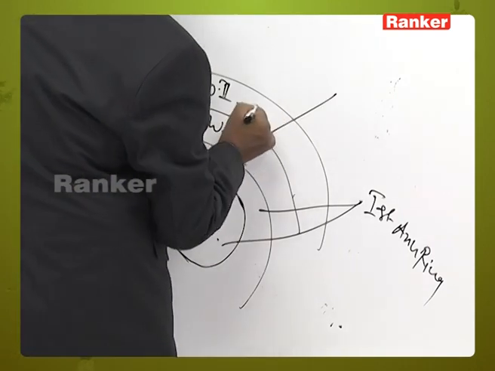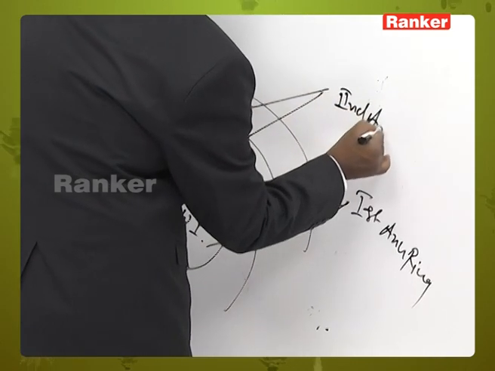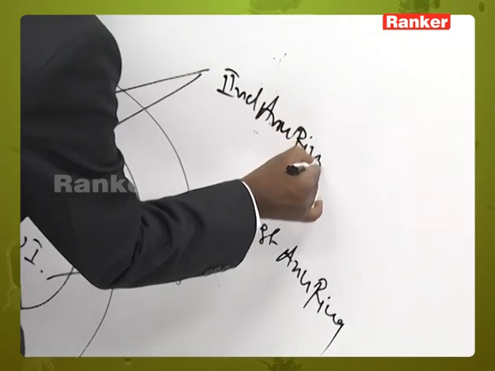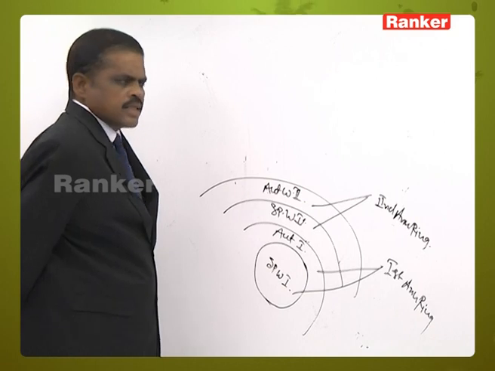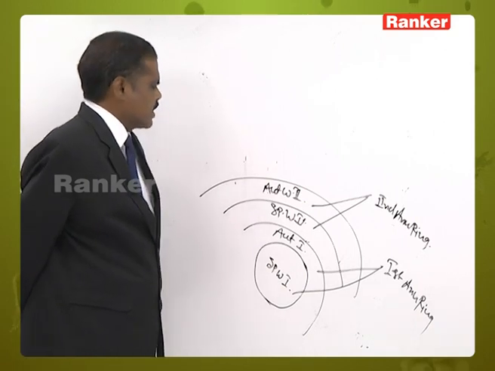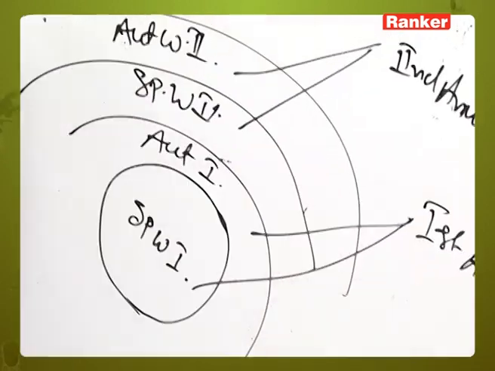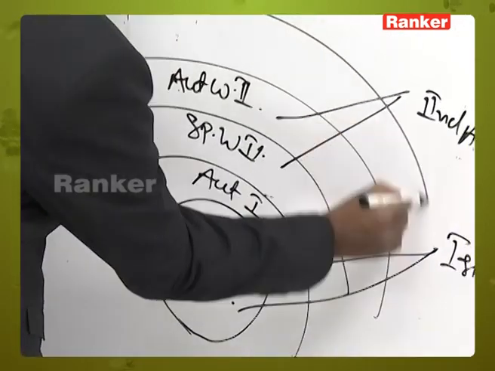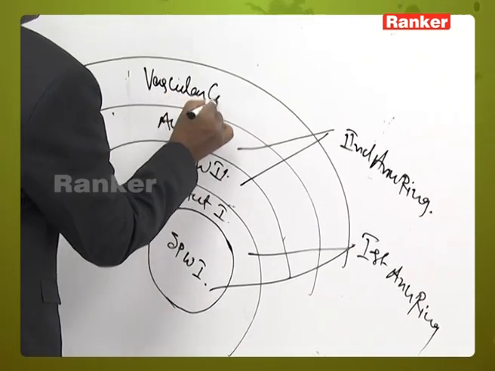Spring wood and autumn wood of the second year together constitute the second annual ring. I already mentioned it is a 2 years old tree. Autumn wood of the second year is surrounded by vascular cambium.